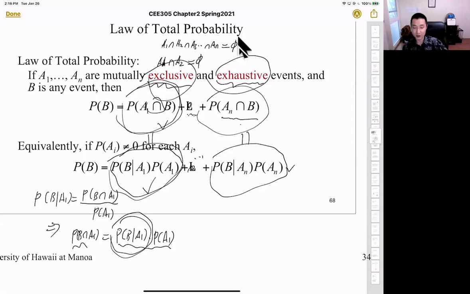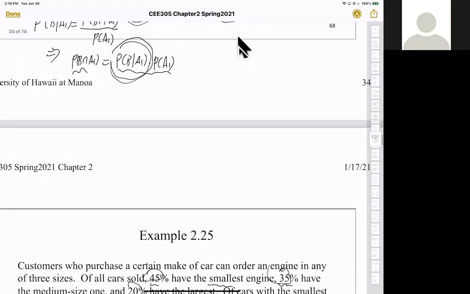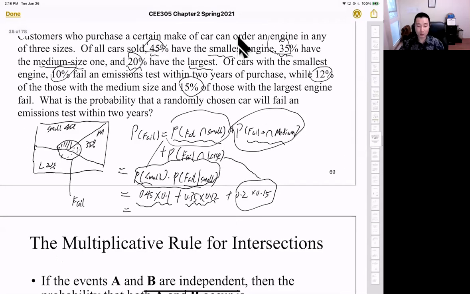In our example, we should use this equation because the question tells us this information. And seeing from the Venn diagram, we can see more clearly what that means. Okay. So P(fail and small) is actually the shaded area here. Okay. And so on.